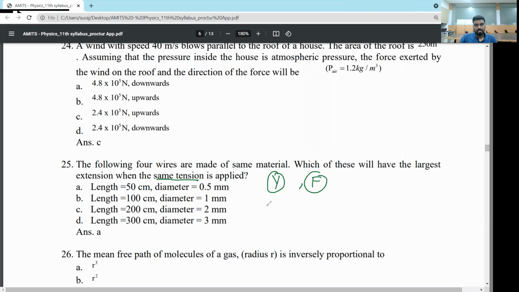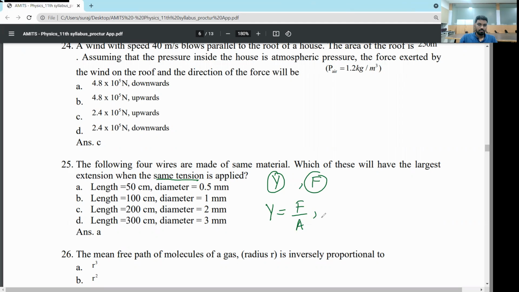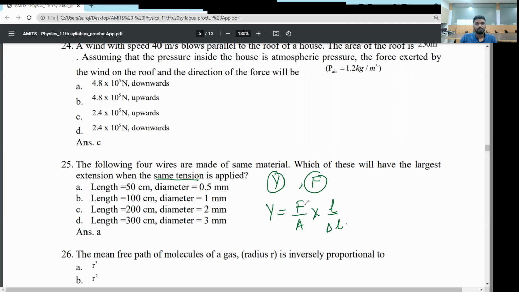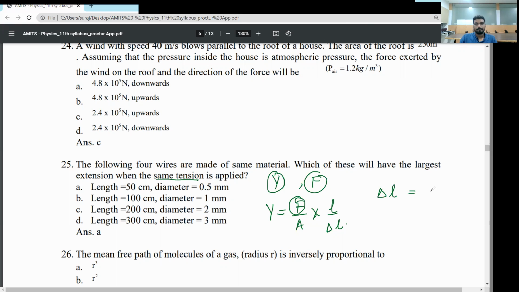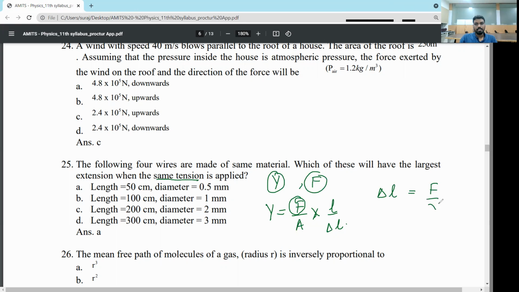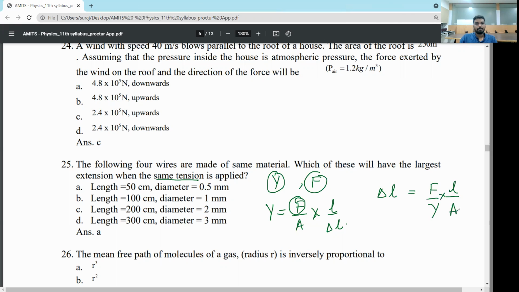So I can write Young's modulus equals F by A into L by delta L. Force is the same. They're asking which will have the largest extension, so delta L comes to this side. Delta L equals F L by Y A.